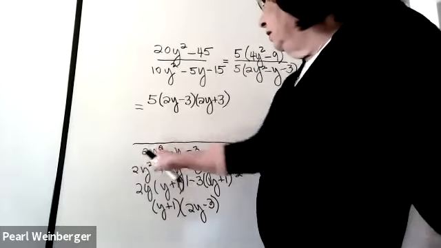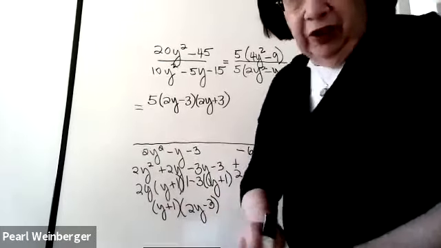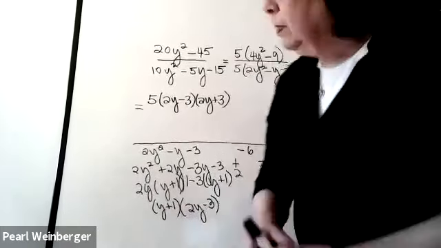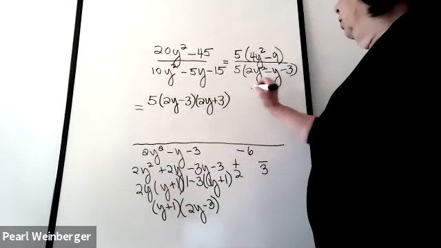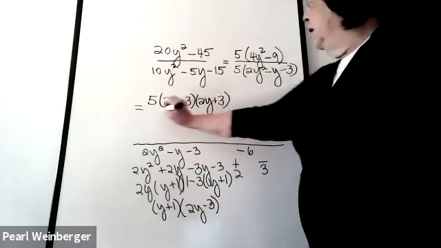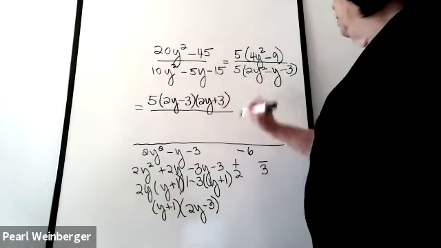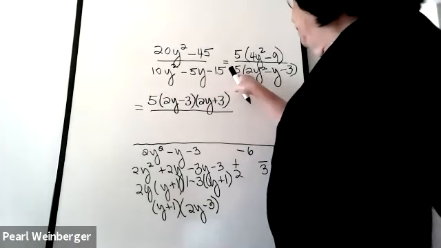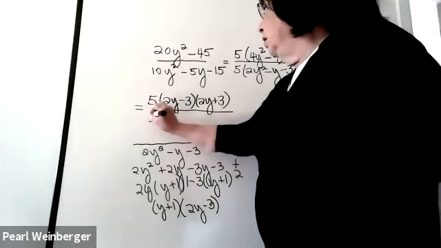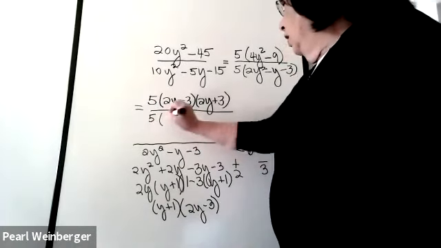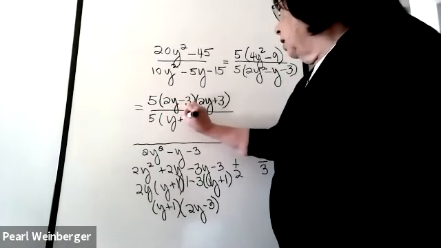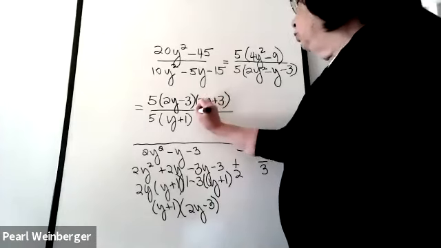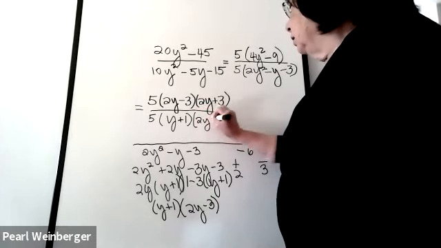That's what this trinomial factored into. So let's go over here and put it over here. Remember we have that 5 from before. Now we have a y plus 1, and we have a 2y minus 3.